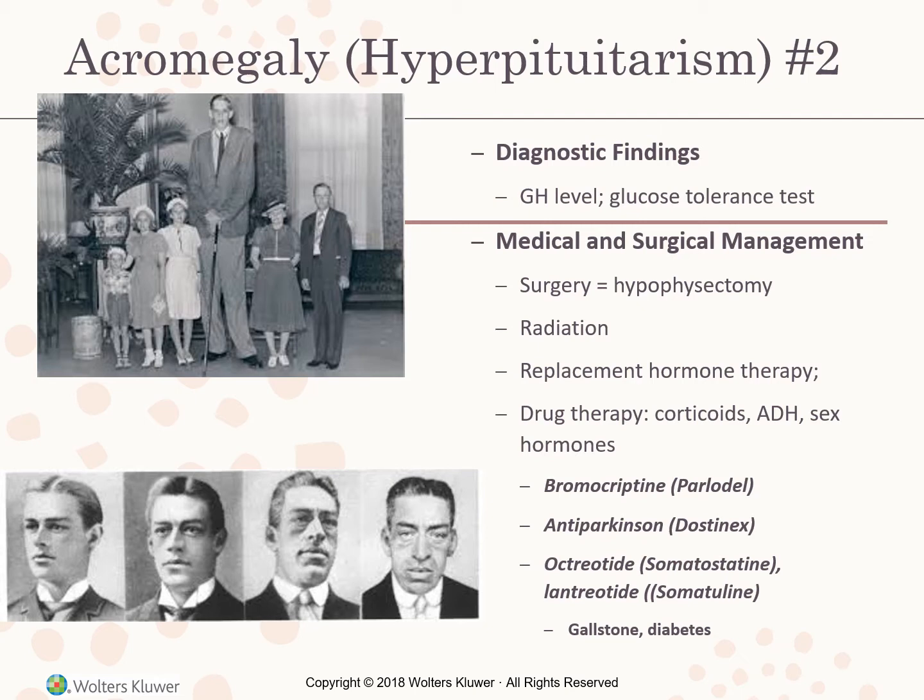We can do ingestion of a bolus of glucose, and this should lower growth hormone levels, but hormone levels will remain elevated in persons with acromegaly. Increased blood levels of the IGF-1 can also indicate acromegaly in non-pregnant women who typically have IGF-1 levels 2 to 3 times higher than normal in pregnant women.